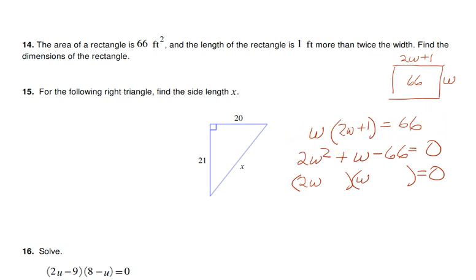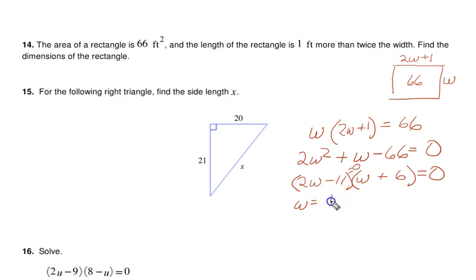So, just like a student here, I had to do some guessing and checking. Then I saw a 6 here and an 11. So my outers would be 12, my inners 11, and the difference is 1. And this has to be a plus, and this has to be a minus. So here I get w. Again, I equate now each of these to 0.